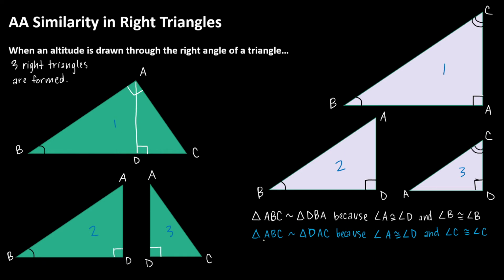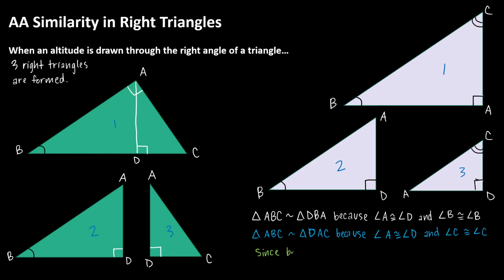So now what I'm noticing, since triangle 1 and triangle 2 are similar to each other, and triangle 1 and triangle 3 are similar to each other, that means that triangles 2 and 3 are also similar to each other. So here's what that looks like. This is the transitive property, by the way.